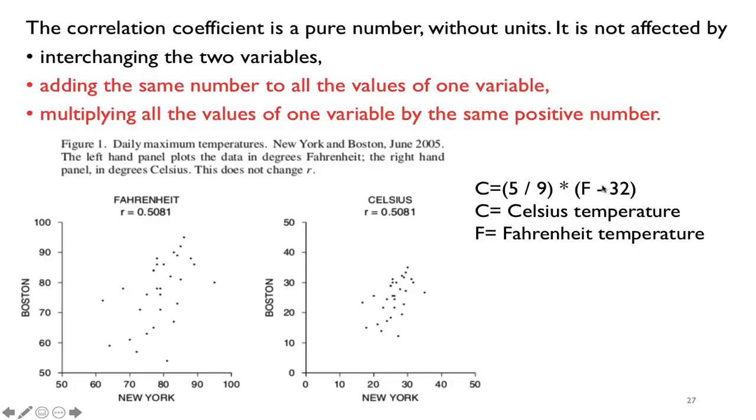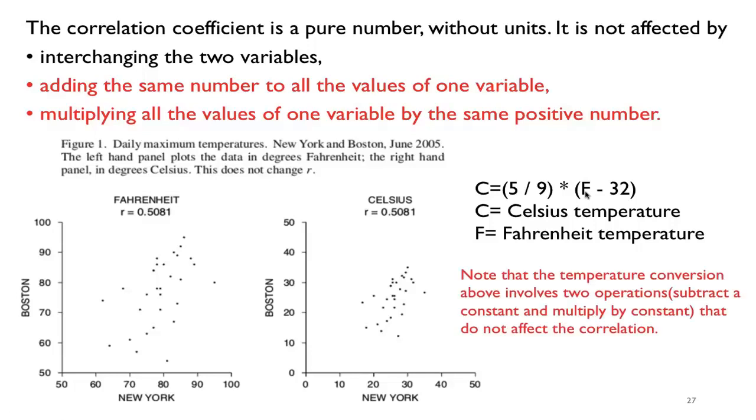After I subtract 32, I multiply by the coefficient 5/9. This condition says that if I multiply by a positive number, that also does not change the correlation coefficient. So converting from Fahrenheit to Celsius involves subtracting a number and then multiplying by another number, and neither of those operations affects the correlation coefficient. So this makes sense, right?